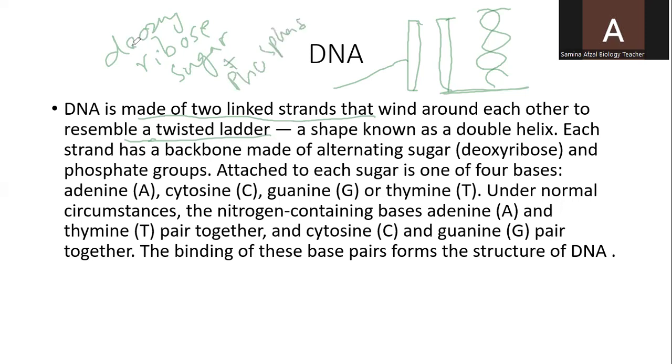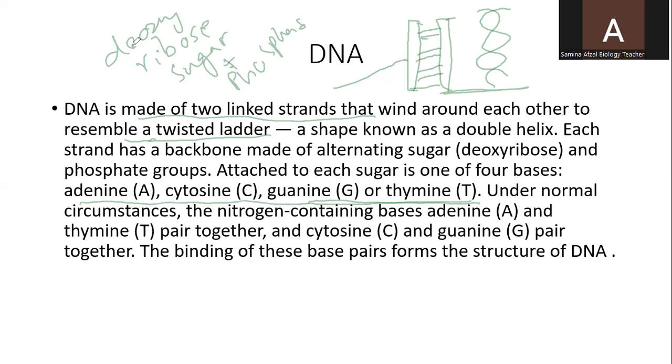And in the center, there are nitrogen bases. The four types of nitrogen bases are adenine, cytosine, guanine, and thymine. These are the four nitrogen bases which are present in these DNA strands.